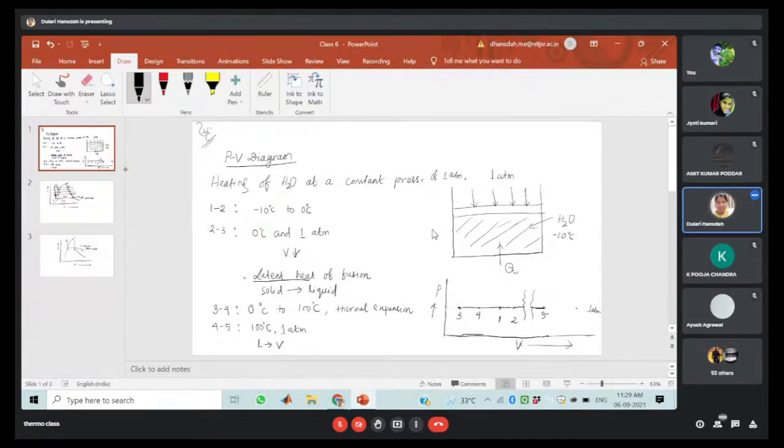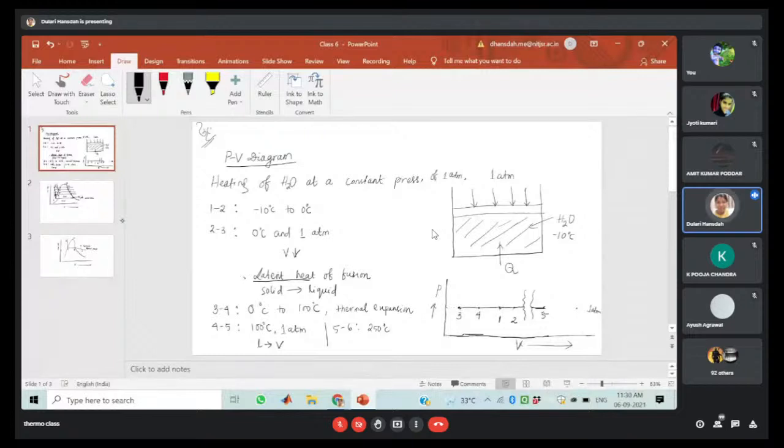Next, we are increasing the temperature by heat input. Let us consider that process is 5 to 6, in which we are increasing the temperature to 250 degrees Celsius or more. In the previous TV diagram we took 300 degrees Celsius. Here also you can take that, or I have taken 250 degrees Celsius.